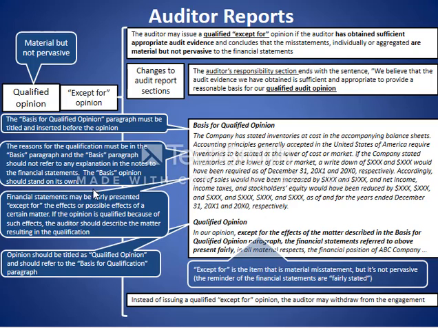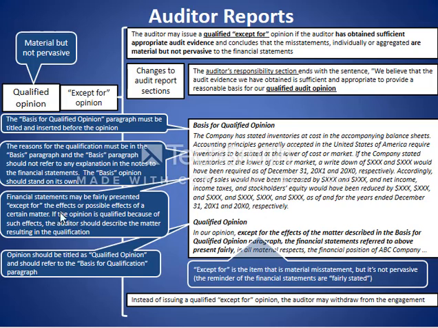The basis opinion should be able to stand on its own. Actually, the basis of the qualified opinion can refer to the footnotes, but it still has to stand on its own. In other words, everything that needs to be described, even if it's in the footnotes, also has to be described in the basis for the qualified opinion.